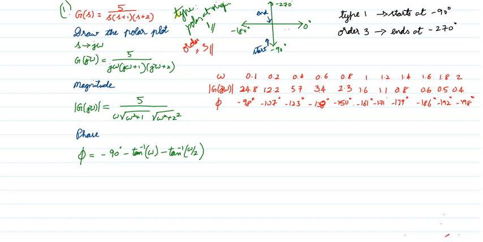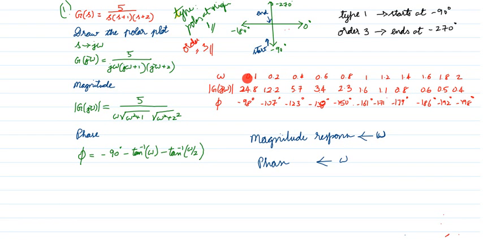For drawing the graph, for finding the magnitude response I will substitute various omega values. Similarly for phase I will substitute various omega values. Look at the table.